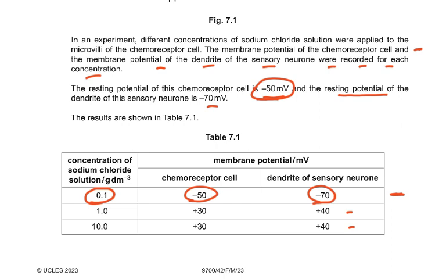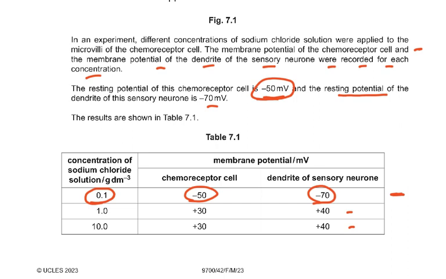So with 0.1 gram per dm cube, the chemoreceptor does not release any neurotransmitter, or you can say it's not depolarized. So the dendrite of the sensory neuron remains at resting potential. With 0.1 gram, the synapse is not depolarized. Now the dendrite of the sensory neuron has also not been depolarized, so it remains at the resting potential.